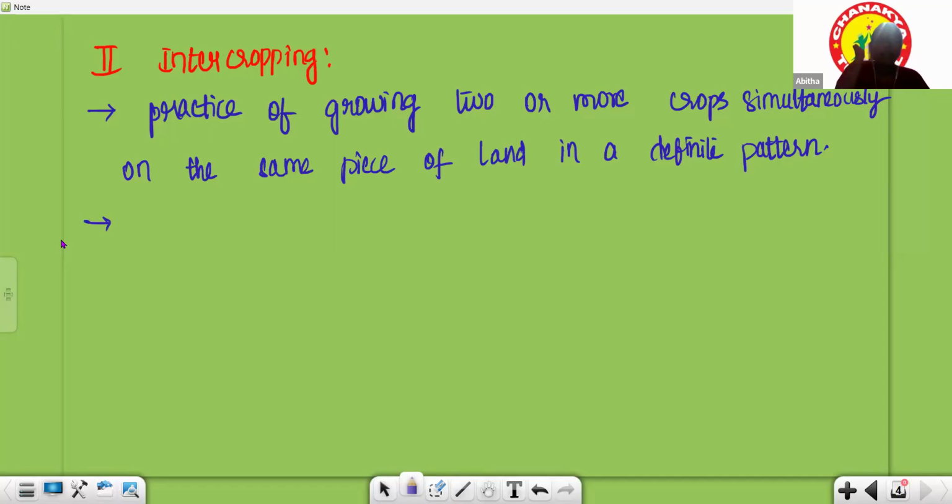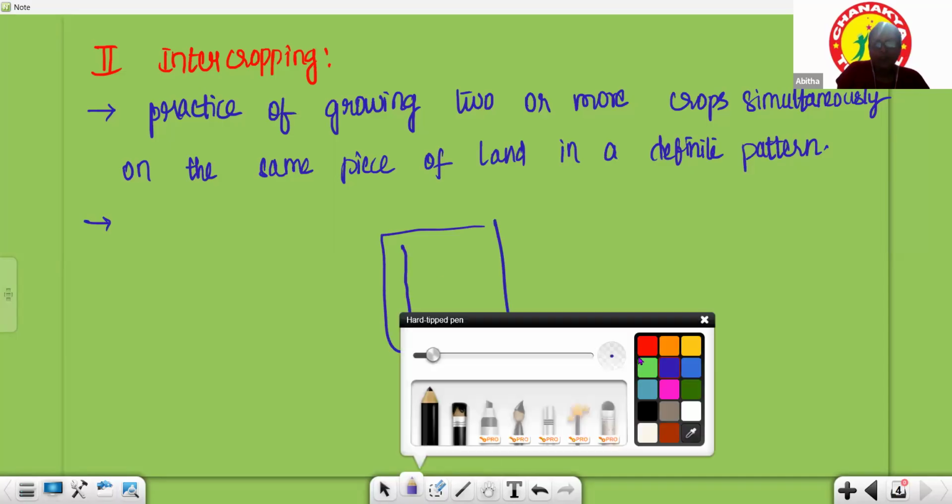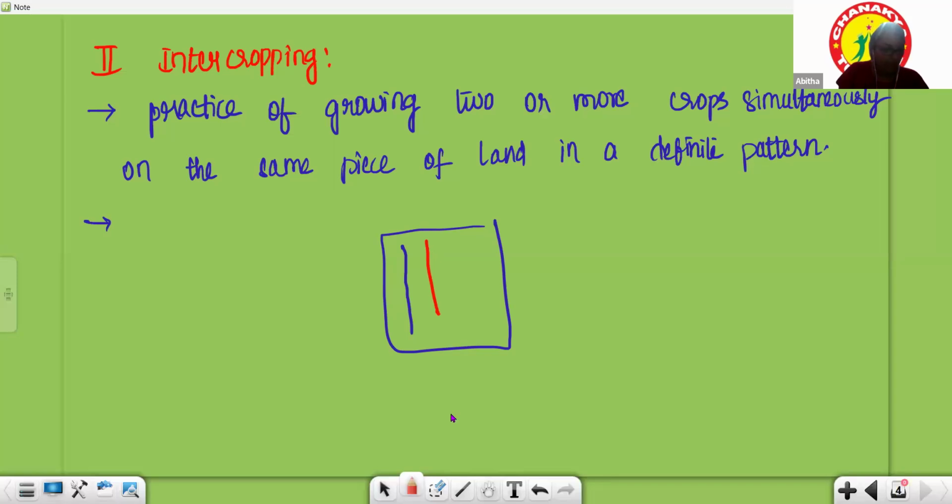In a piece of land, if in one row you sow one type of crop, in the other row you sow another type. So one crop alternates with a few rows of the other crop. That is the pattern we follow here.